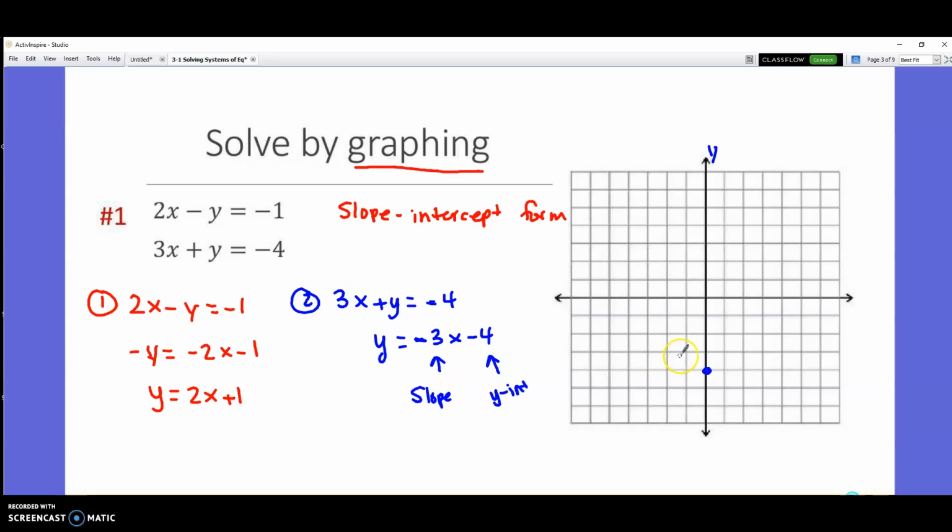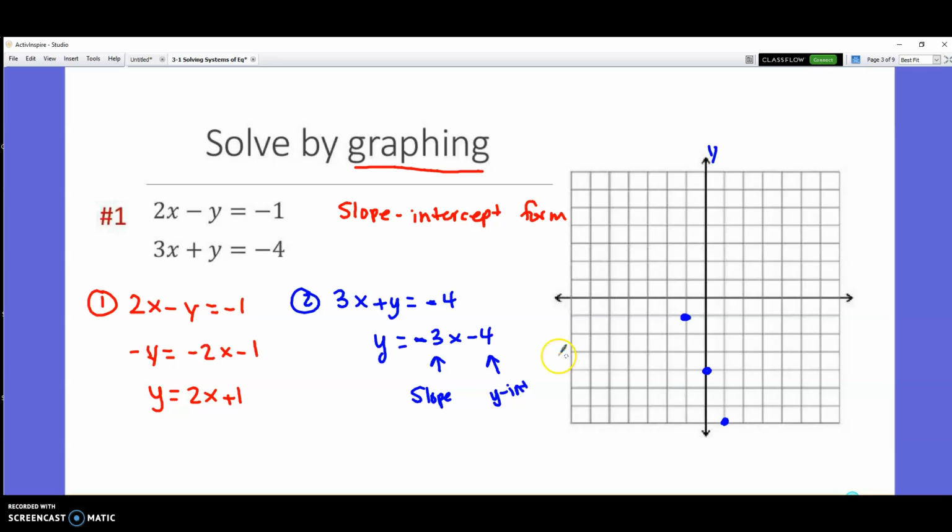If your slope is negative, one of the directions you're plotting your next point needs to be negative. Your negative directions are down and left. Only one of those directions should be used. So if you go down 3, you should go right 1. If you go up 3, then you should go left 1.